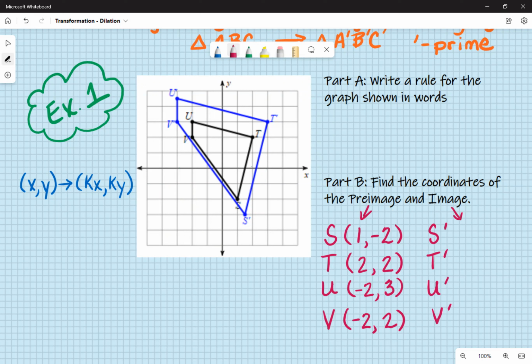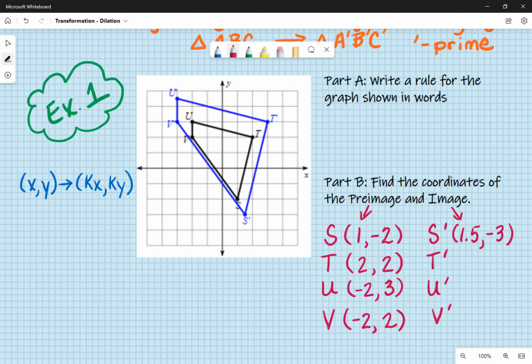I can just look at the graph, and I can clearly see that I'm going 1.5, and then 1, 2, 3 to get to my S prime. So again, that was 1.5, and I went down 3.